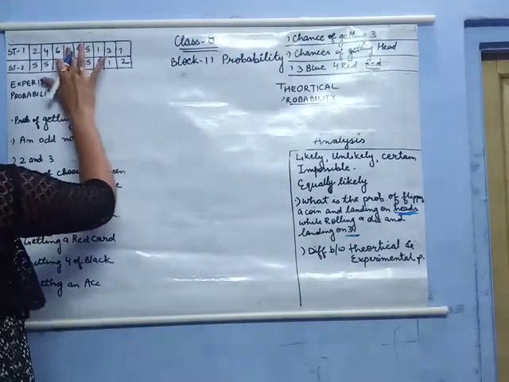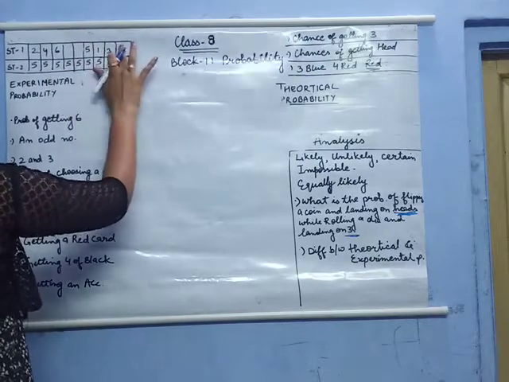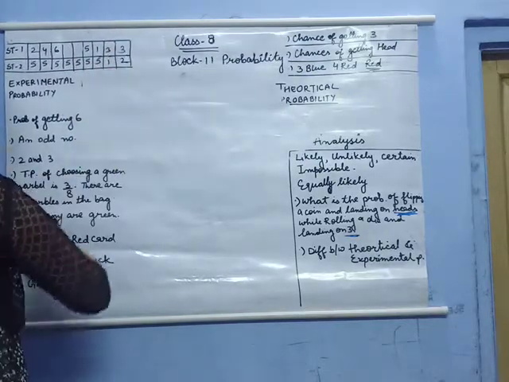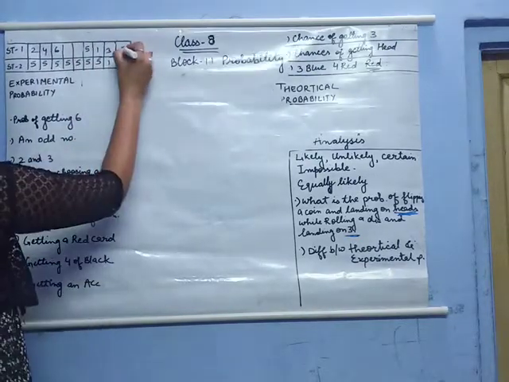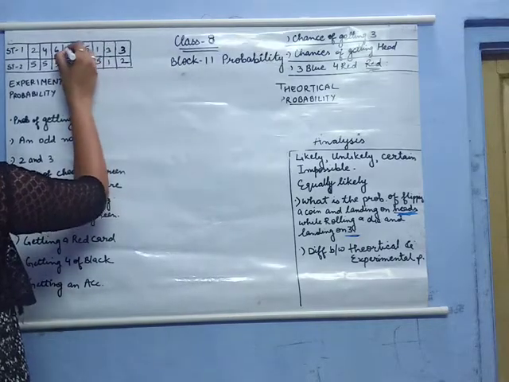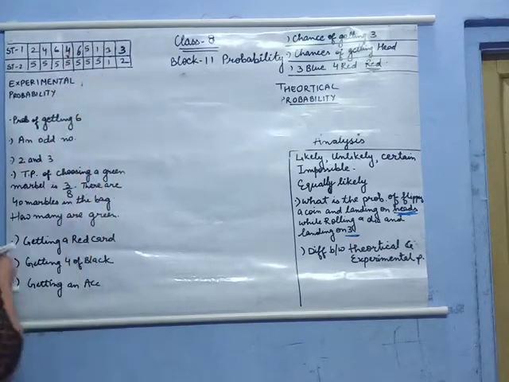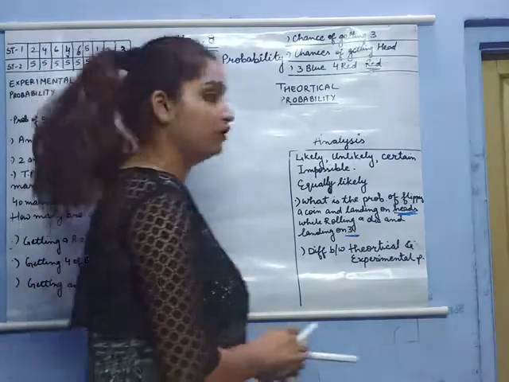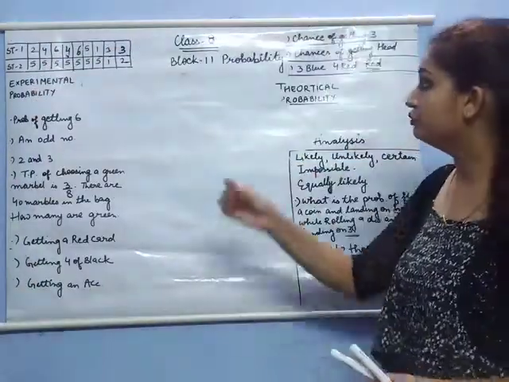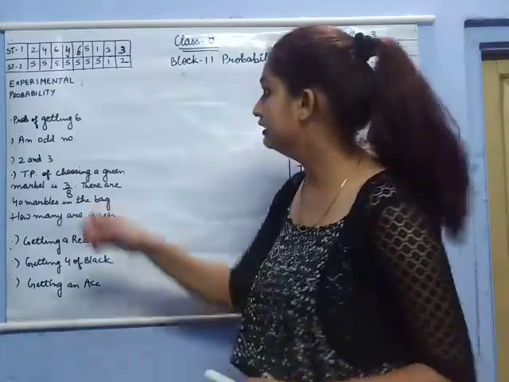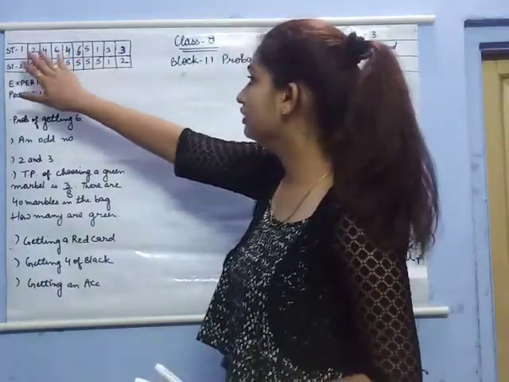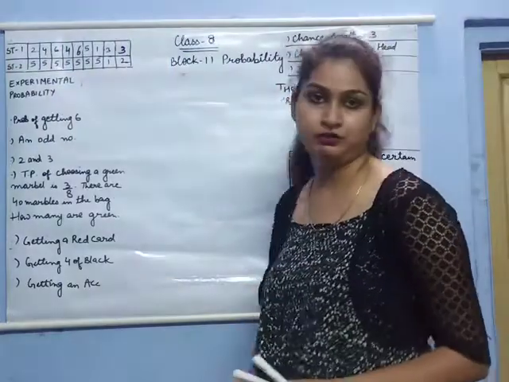Sorry, I have to change this a little bit, because it's not possible to get 7 when you roll a dice, right? So, this is what we got.